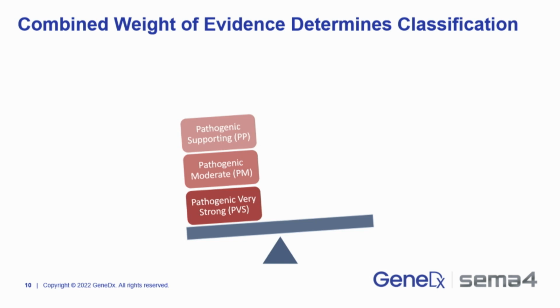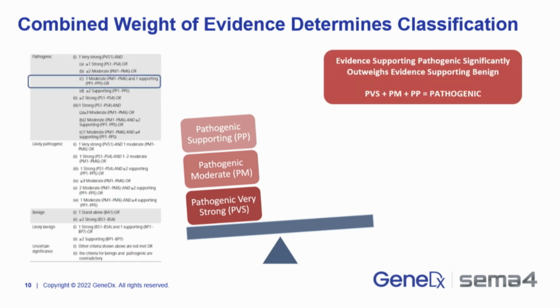And then maybe our in silico models, so our predictors, predict it's pathogenic, or we know it's rare in the population, and so now we've got these levels of evidence. We have very strong, moderate, and supporting. When we add those up, you see that a very strong in combination with a moderate and one supporting is enough for a classification of pathogenic. So that variant would be classified as pathogenic based on the combination of all of that evidence.